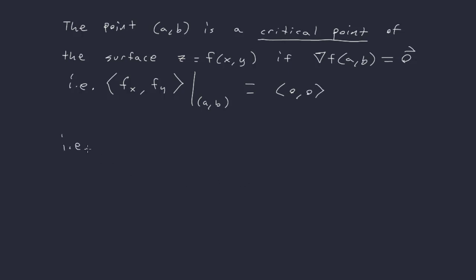In other words, if f sub x at (a, b) is equal to 0 and f sub y at (a, b) is equal to 0. It has to be that both happen. And as we'll see in the next examples, there are curves along which, say, f sub x will be 0, and curves where f sub y will be 0, but we have to find the points where both are 0 simultaneously. That's an important distinction.